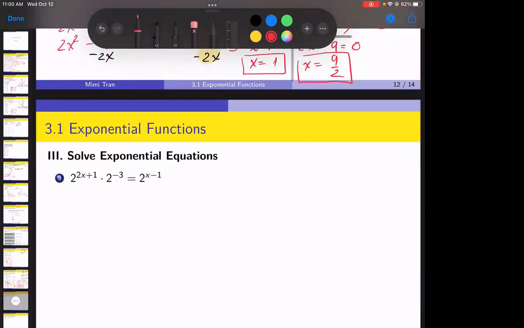The side I'm working on is the left-hand side, because it's more complicated. You want to pick on the busy one. So how would I combine those two terms? Very good, same base, all you do is add the powers.